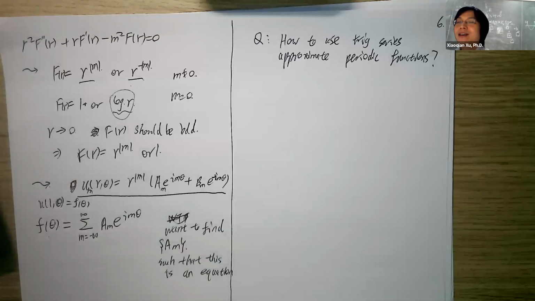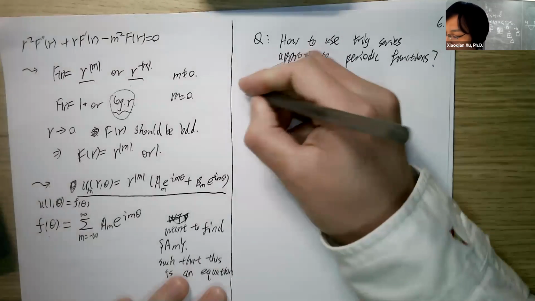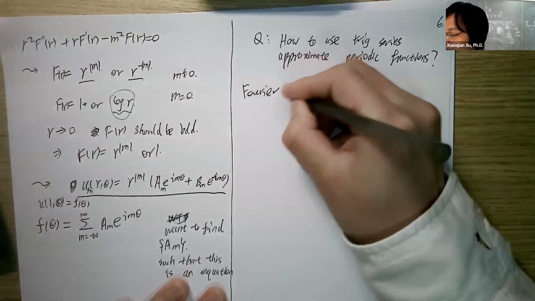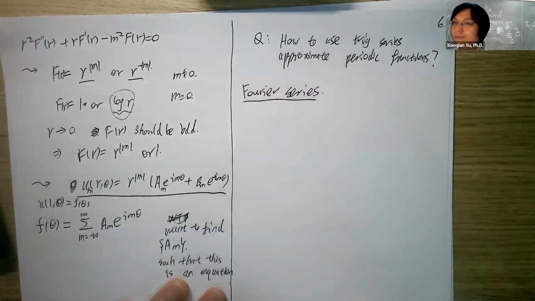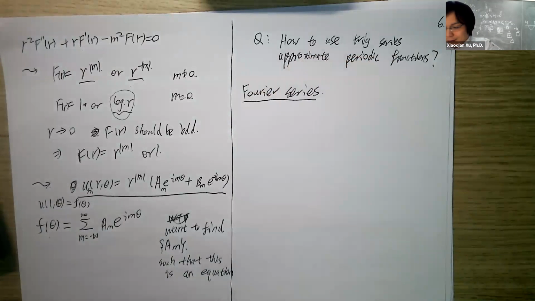Because as long as we have an algorithm to find this trigonometry series, then we solve our PDE, our Dirichlet boundary conditions PDE. This is the so-called Fourier series. Any question before we move on?